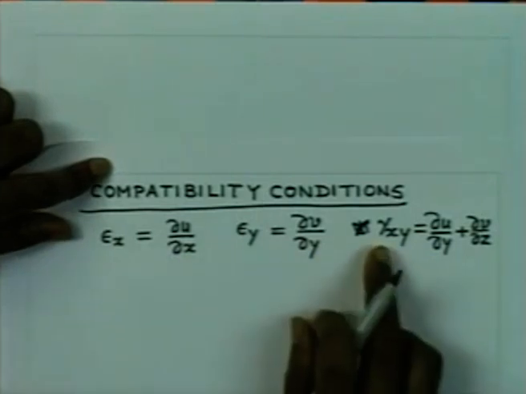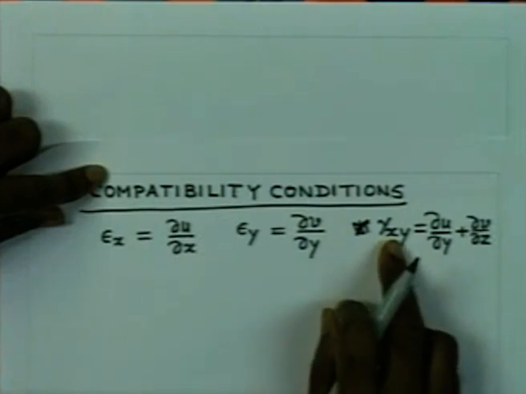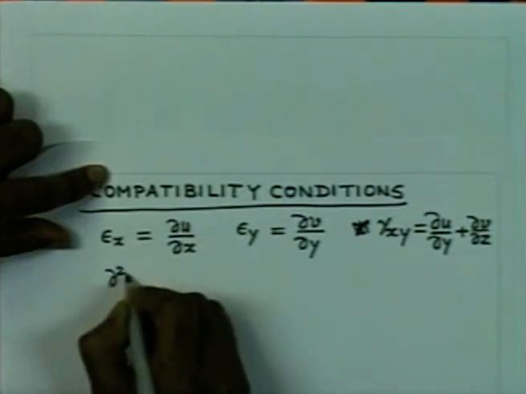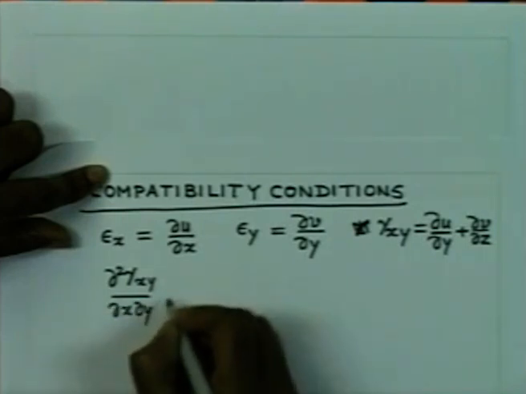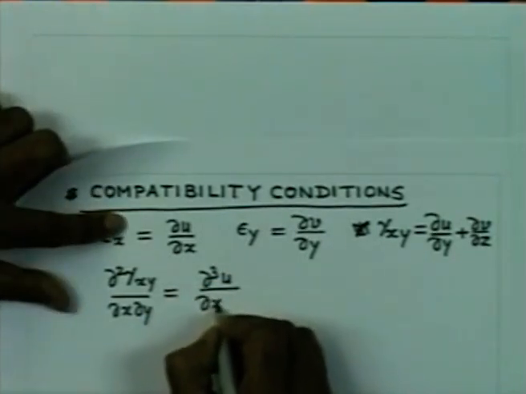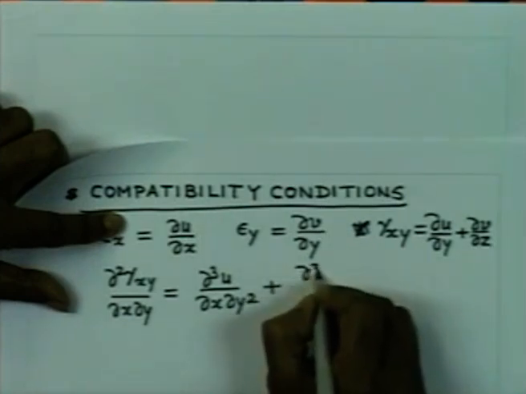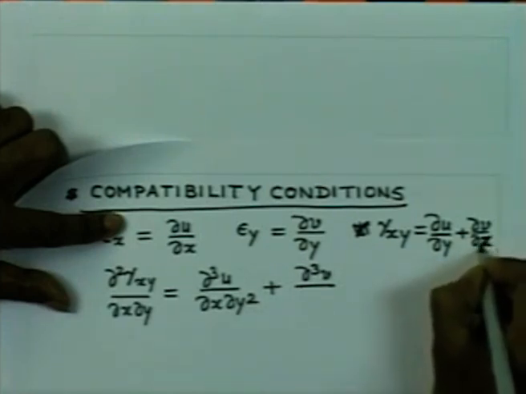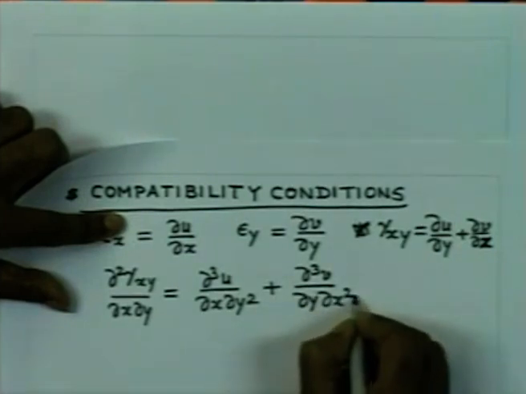Now, if we take the second derivative of this, differentiating with respect to x and y separately, then what we have is delta 2 gamma xy by delta x delta y. So, we will have this as delta cube u by delta x delta y square plus delta 3 v by delta y delta x square.